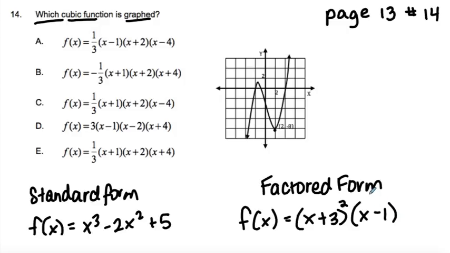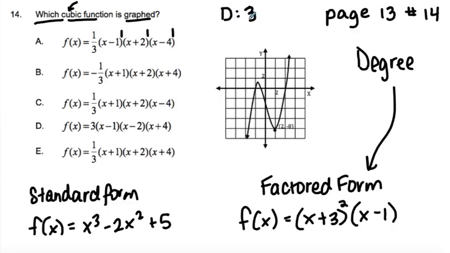So the first thing I want to be able to do is determine the degree. And I determine the degree if it's in factored form by adding the exponents. So all of these have exponents of 1, and it says it's cubic. So it's a degree 3 polynomial. Then I want to determine if the leading coefficient is positive or negative.